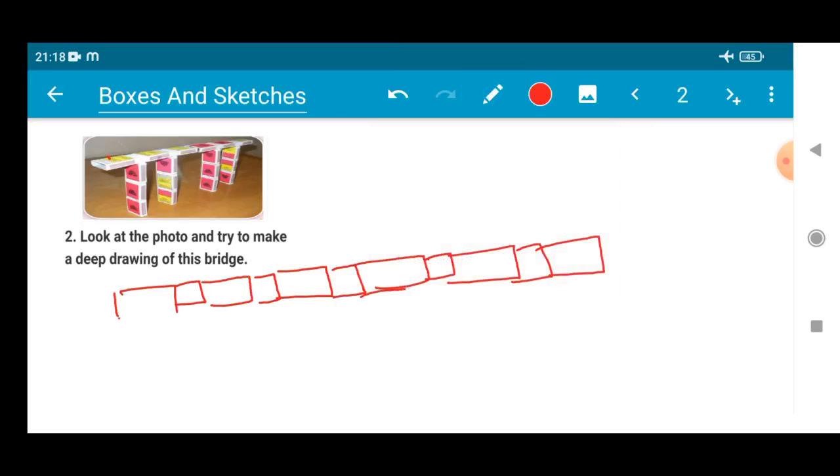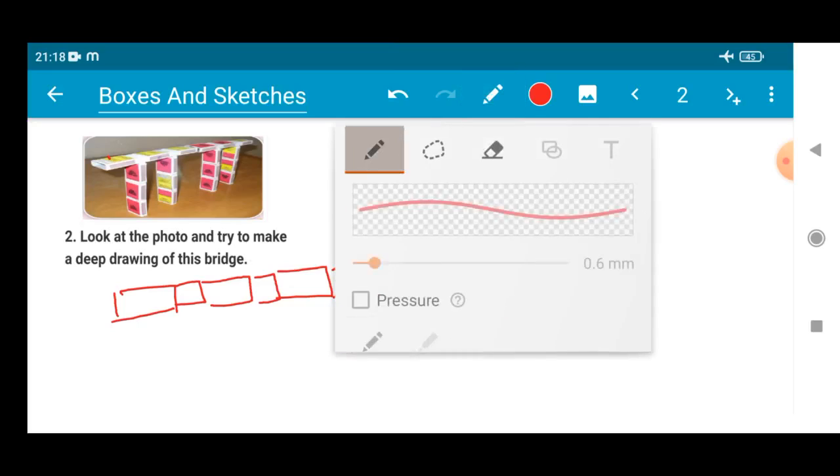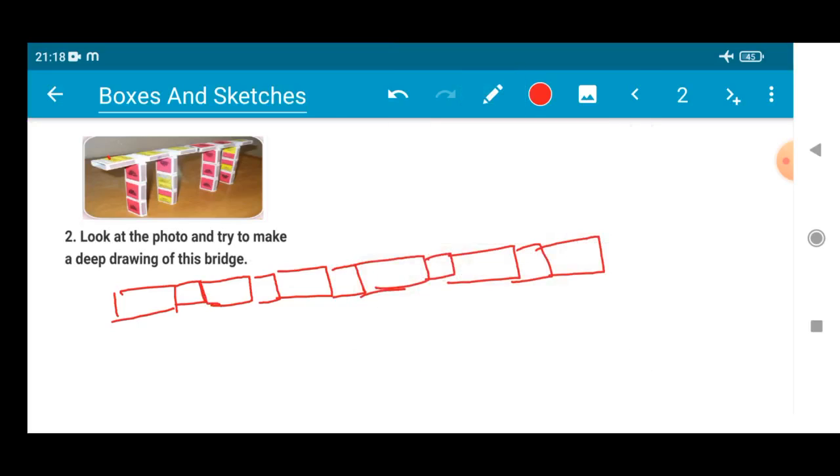This is the bigger one over here. Let me give the final touch. Now that is the bridge. The upper portion of the bridge is done.